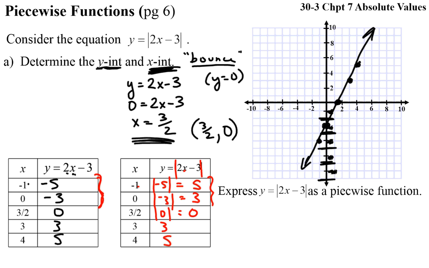So if I graph this one now, (-1, -5) is now (-1, 5). (0, -3) is now (0, 3). (3/2, 0) stays the same. My (3, 3), my (4, 5). And what do I have? I now have the absolute of the same graph.